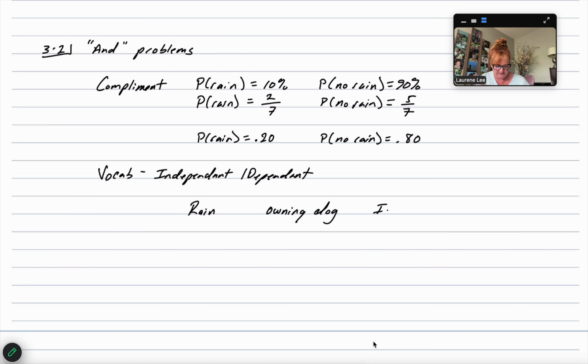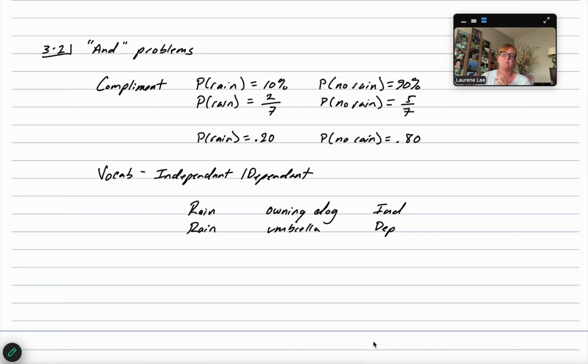So we would call this independent. But let's say I'm talking about whether it's going to rain and whether I'm going to bring an umbrella to work. Those ideas would be dependent, because the higher the chance of rain, the higher the chance of me bringing an umbrella. They're tied in some way. And it doesn't have to be a strong correlation. It's just if there is any influence on one or the other.